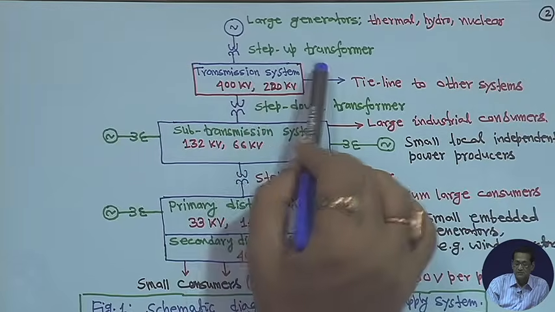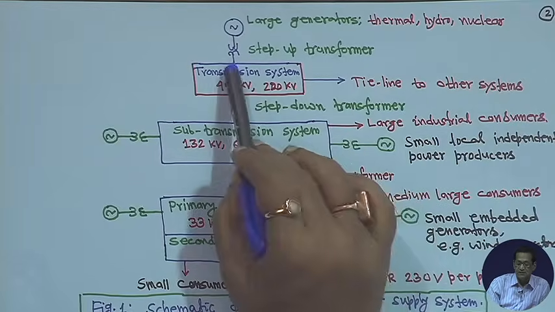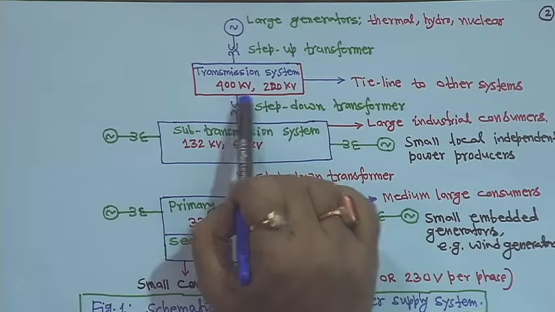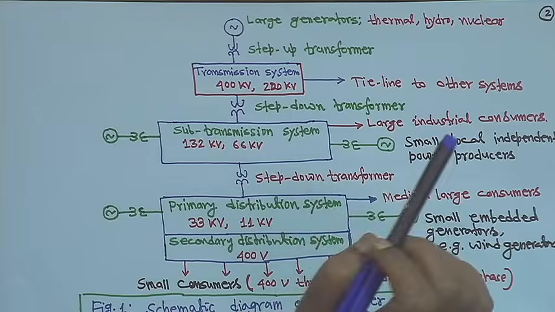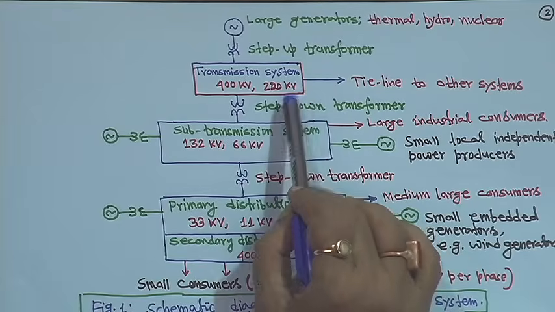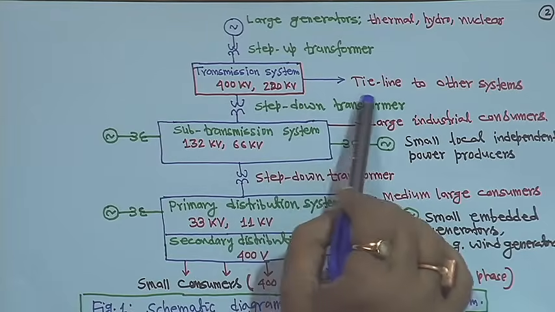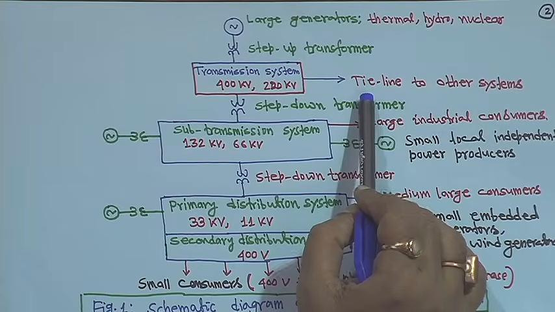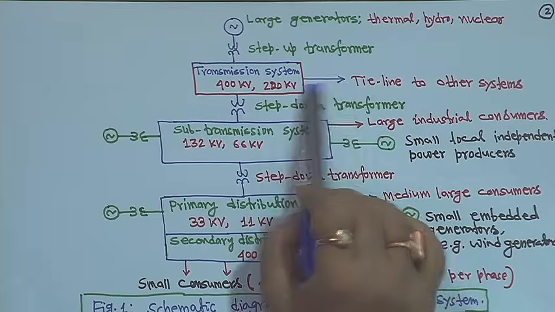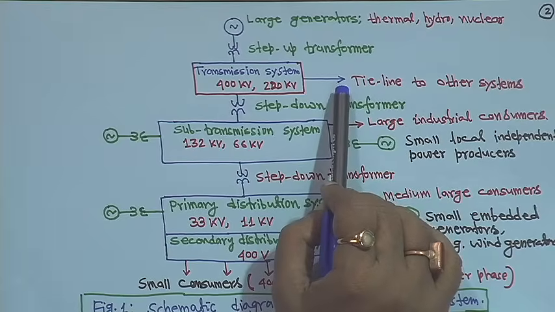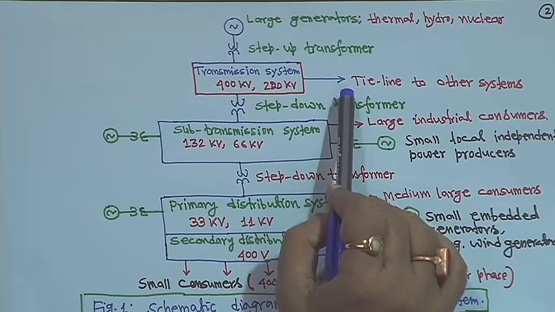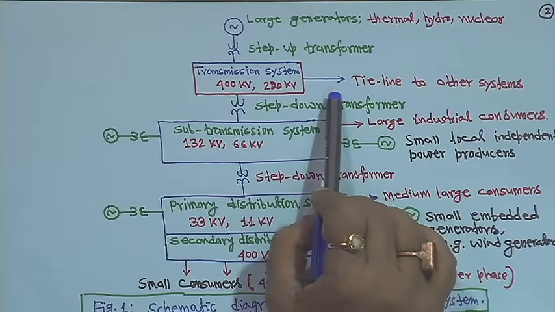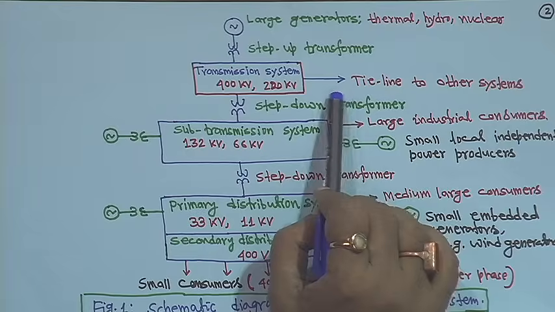Then after the step up transformer, the voltage will be stepped up, and the transmission system comes in. It will be 400 kV or 220 kV, right? After it is stepped up, there is a tie line to other systems. A tie line is basically a three-phase transmission line, shown just by a single line arrow, because the transmission system is a balanced three-phase power system, with all three phases carrying balanced power.